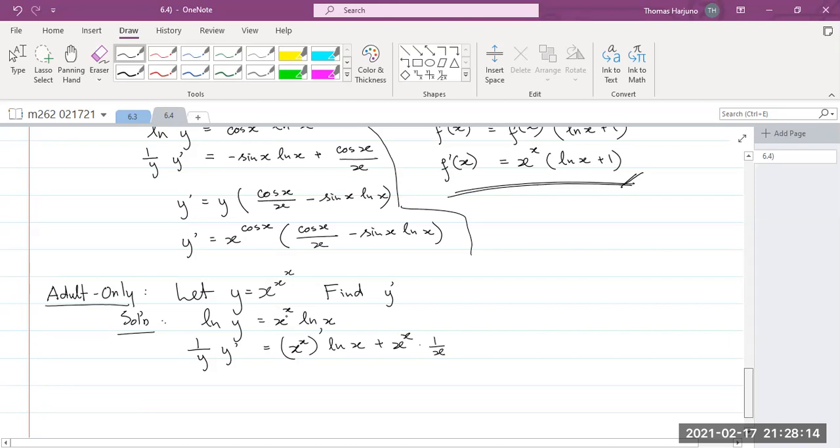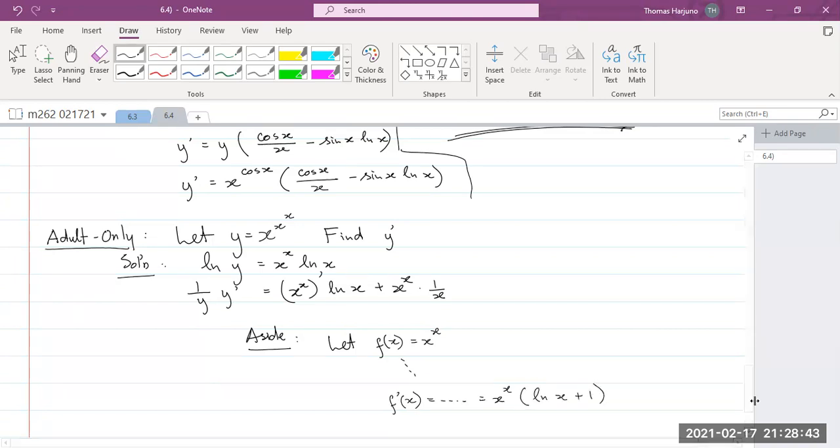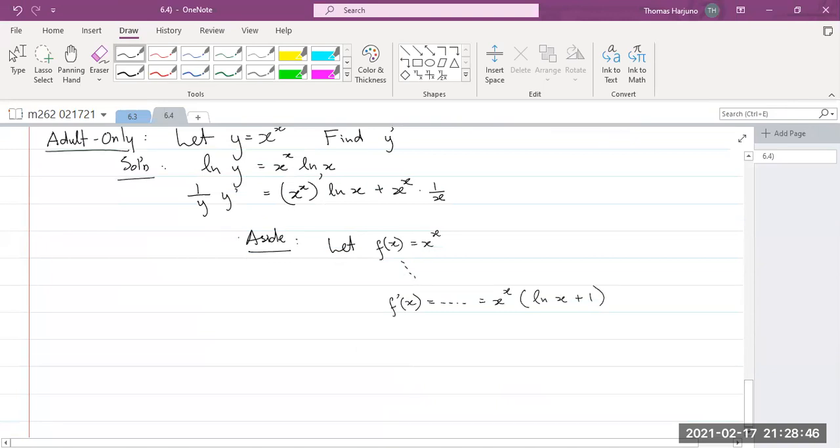Now the thing is, how do you do the derivative of x to the x? Then you do it aside. You kind of interrupt your work, and then you say let f(x) be x to the x, and then you do the derivative. Which, as I remember, we already had earlier: x to the x times ln x plus 1. Now then you go back to the main story.